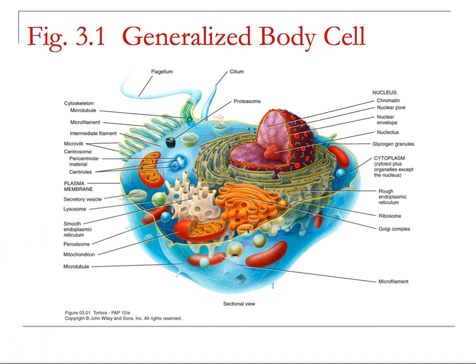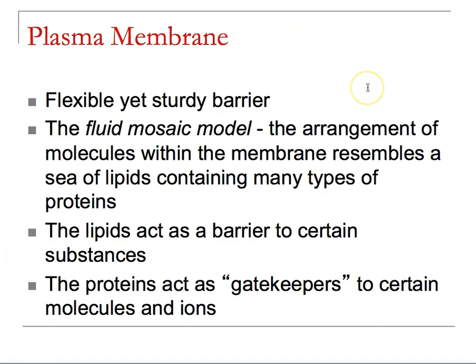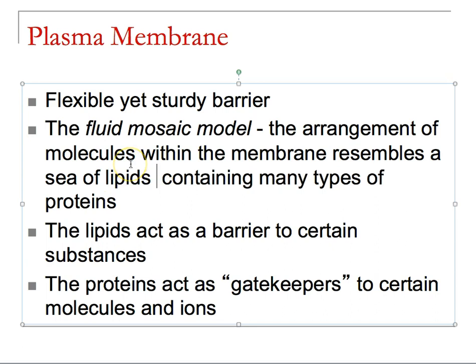Okay? So let's take a look at that plasma membrane. That plasma membrane creates what we call a fluid mosaic model. And that fluid mosaic model has a sea of lipids, and those lipids are, of course, phospholipids, right? Phospholipids.